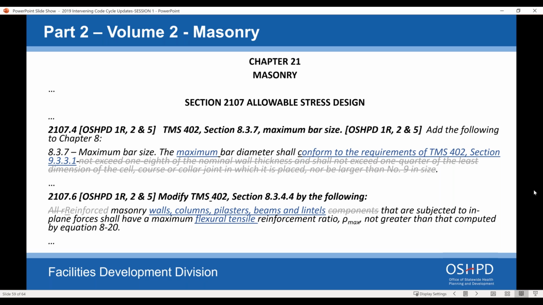And then section 2107.6, it says masonry components that are subject to in-plane forces. The public comment was, oh, this is not clear what components mean. So then we clarified what those are and what that specific code section referred to in terms of the requirements for that section. Okay, next.